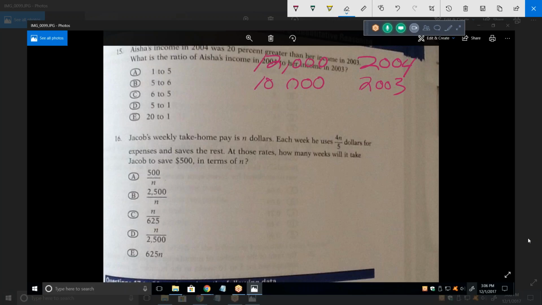Now, what is the ratio of 2004 to 2003? 12,000 to 10,000, so that would be 6 to 5? Yeah, let's make it 12 to 10. Eliminate all those extra zeros. That is 6 to 5. Same thing you get if you pick 50,000, but pick numbers where the math's going to be easier to do.